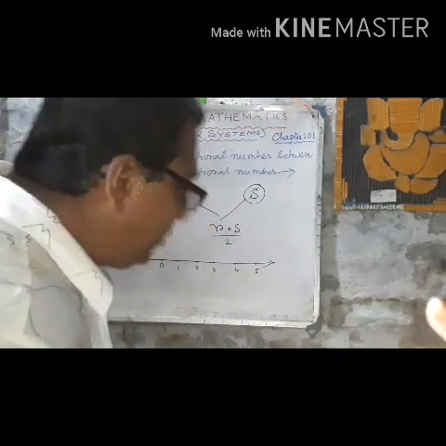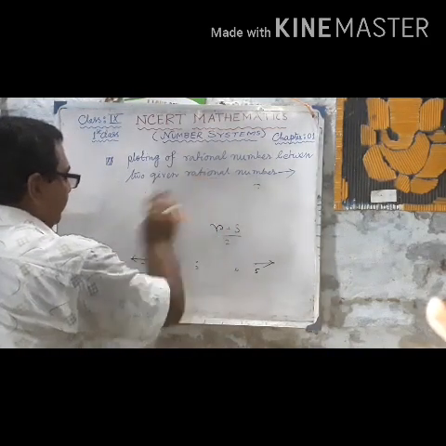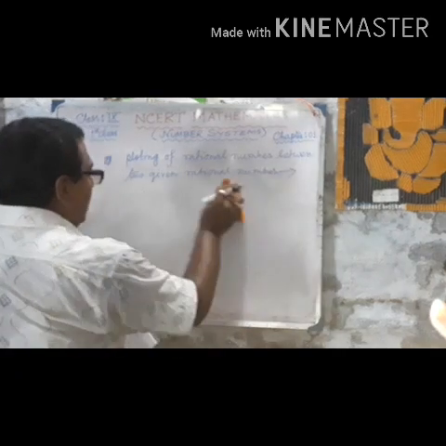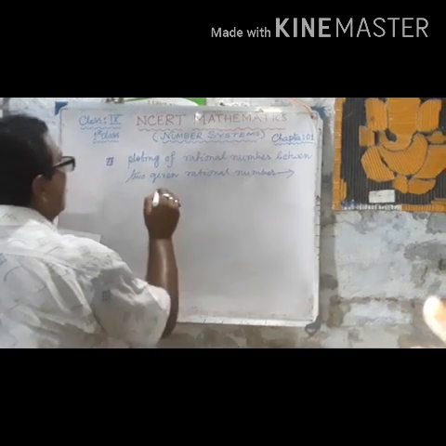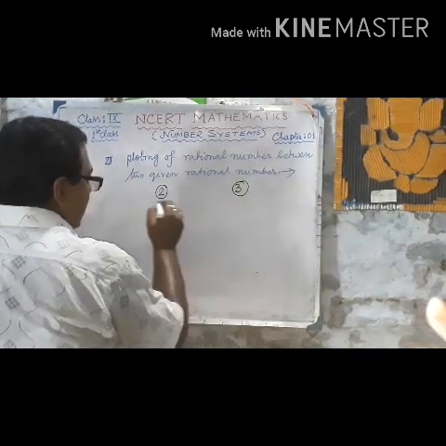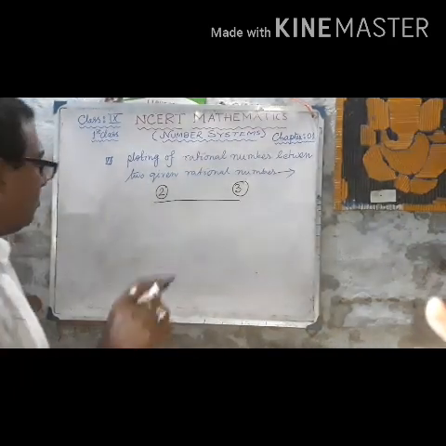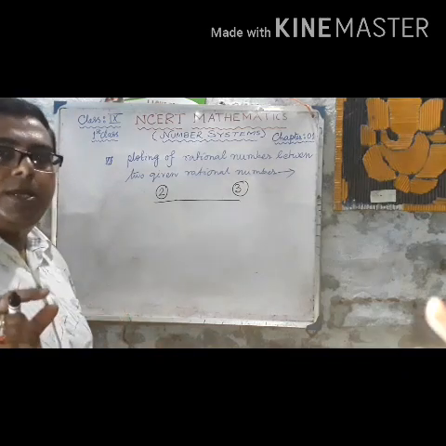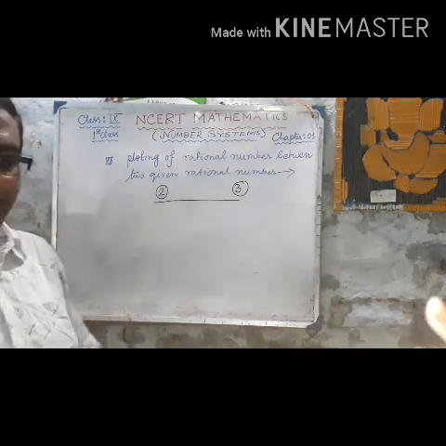We have to give an example. Question: find 5 rational numbers between 2 and 3.